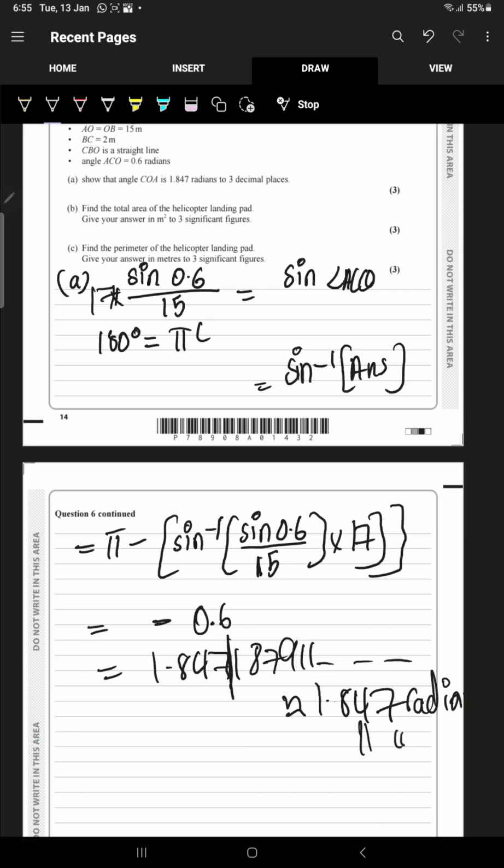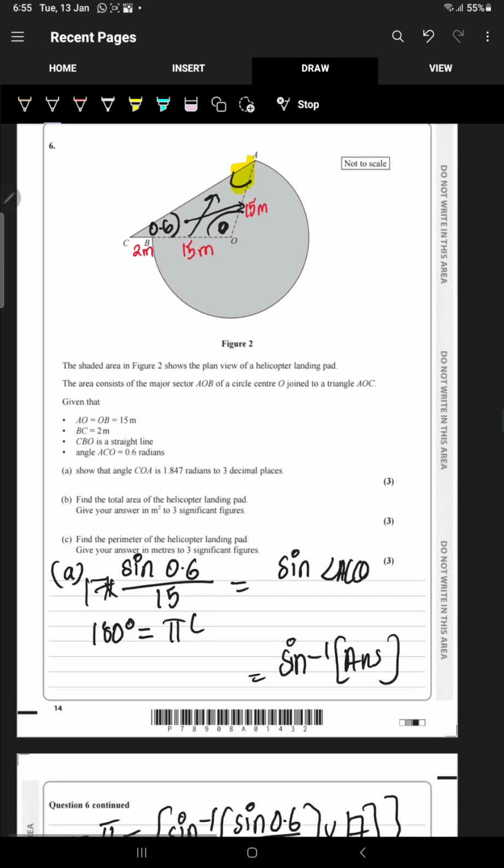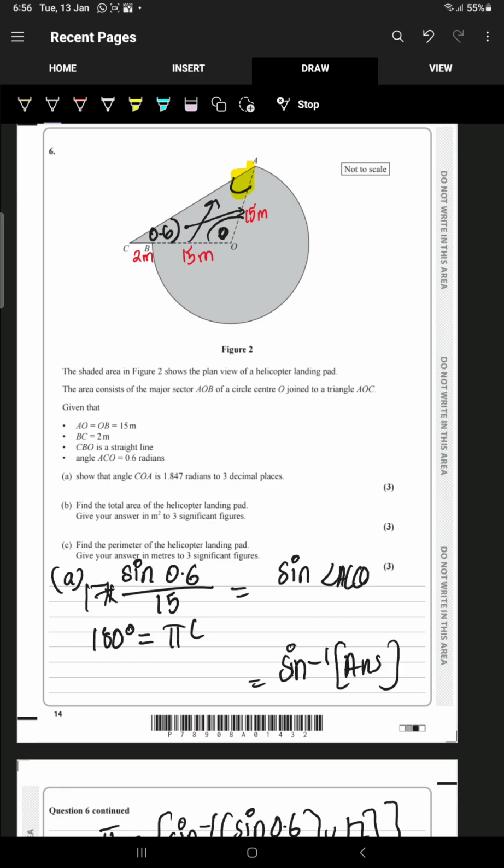Now find the total area of the helicopter pad. Give the answer in square meters to 3 significant figures. So we need the whole area here. Now we have found this angle, 1.847 radians over here.